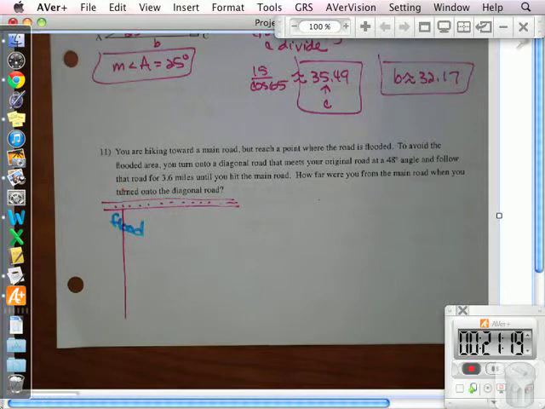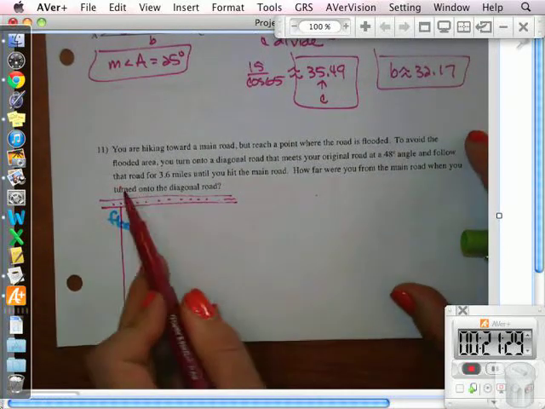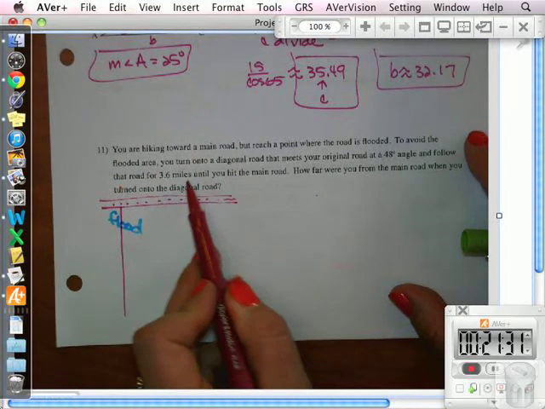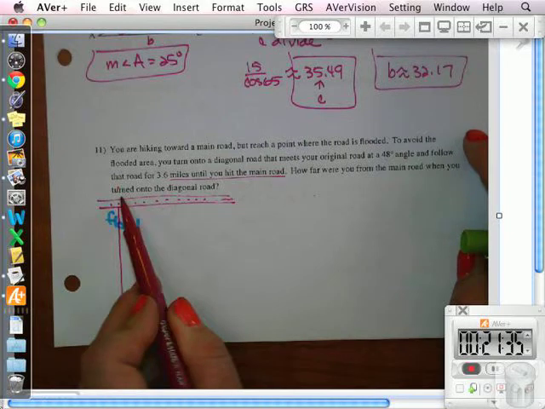To avoid the flooded area, you turn onto a diagonal road that meets your original road, that's this road, at 48 degrees. And you follow that road for 3.6 miles until you hit the main road. How far were you from the main road when you turned onto the diagonal road?